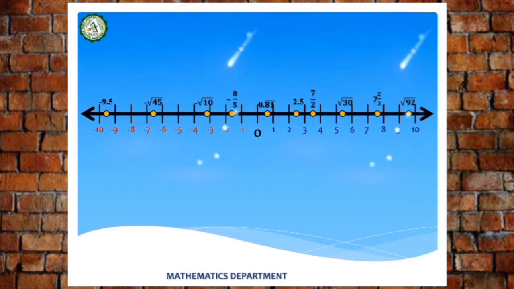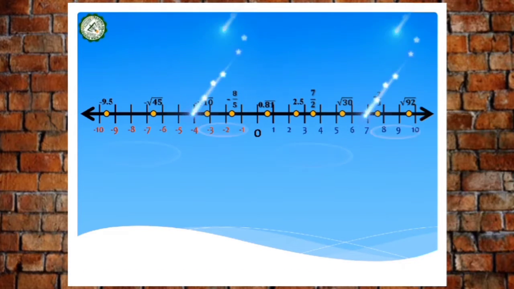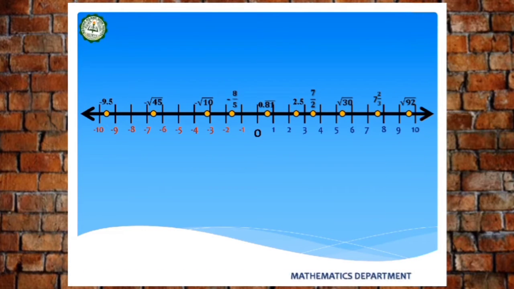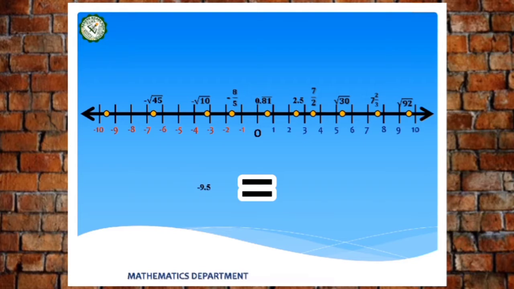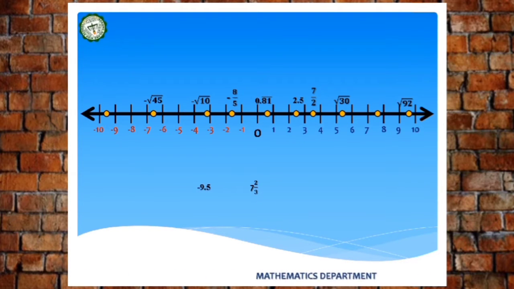Did you locate it correctly? That's great. Given the illustration, compare a pair of real numbers using the correct symbols like less than, greater than, or equal. Let's have negative 9.5 and 7 and 2/3. Is it less than, greater than, or equal?